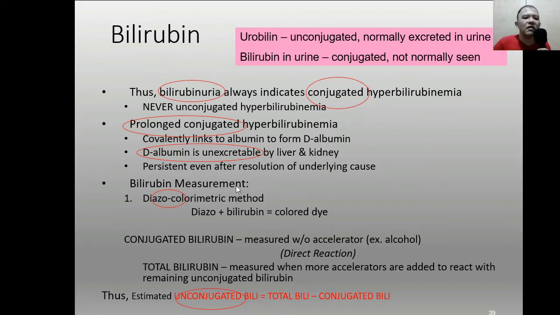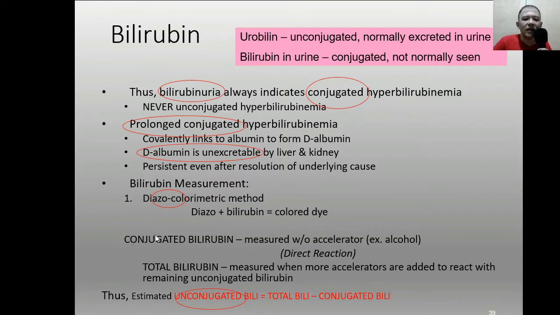So bilirubin measurement is through the diazo colorimetric method, wherein you base the measurement of the bilirubin on the addition of diazo, which will produce a colored dye.